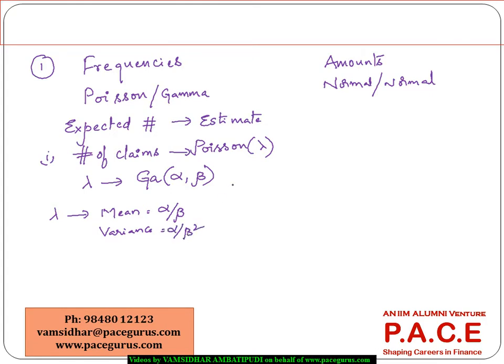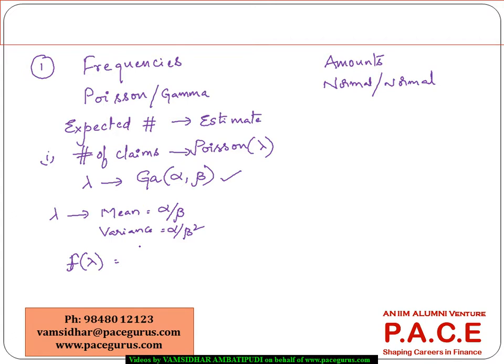So this is the prior distribution. So I can very well get the probability density function for lambda, f of lambda.